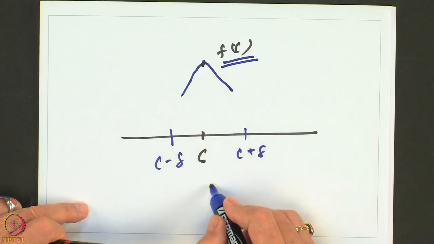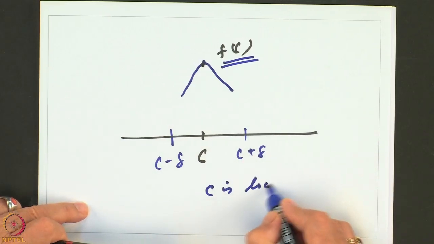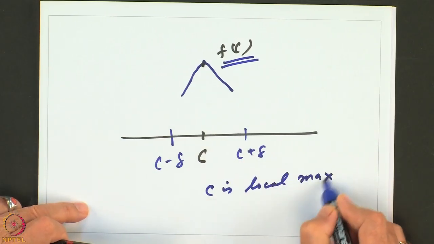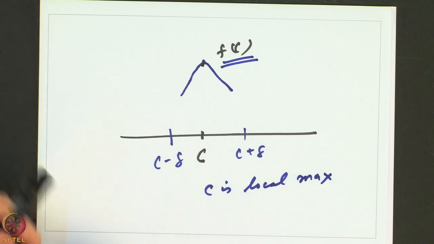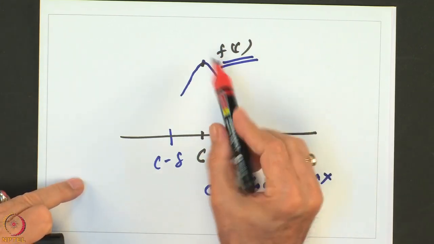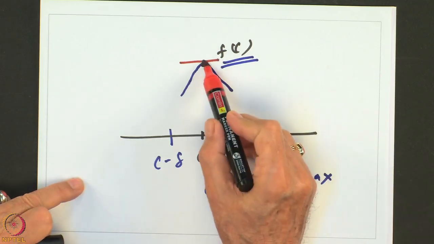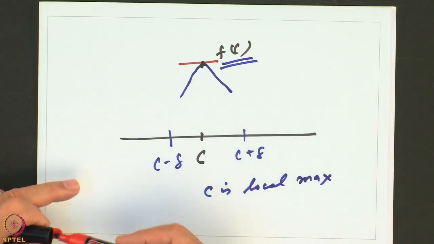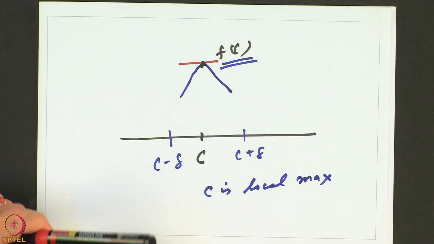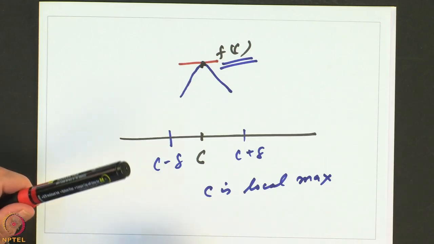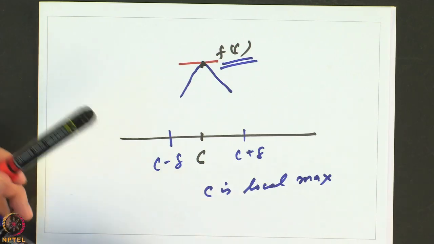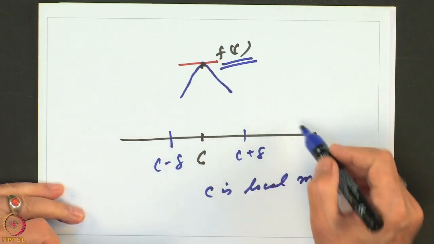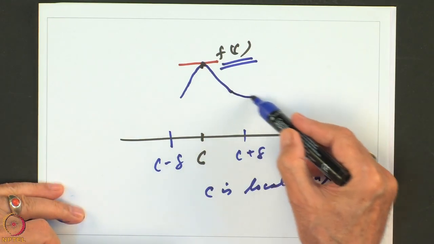and if the graph looks like this, and c is a local maxima, then what should happen? Then the tangent at that point should be horizontal, right. The tangent at this point should be horizontal. And similarly, if at a point c it is a minimum, so let us say at this other point there is a minimum.